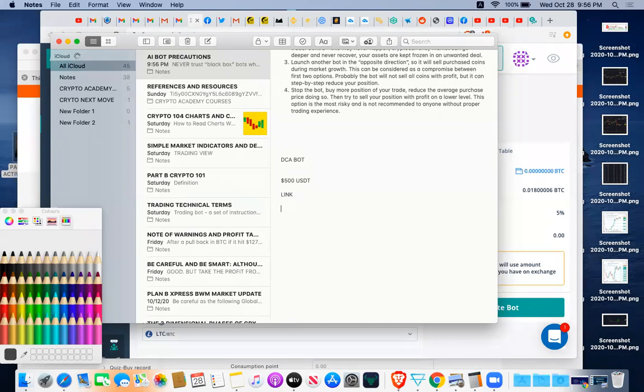Now you launch your bot by saying the first order, at the rate of $9, your bot should buy worth $200.